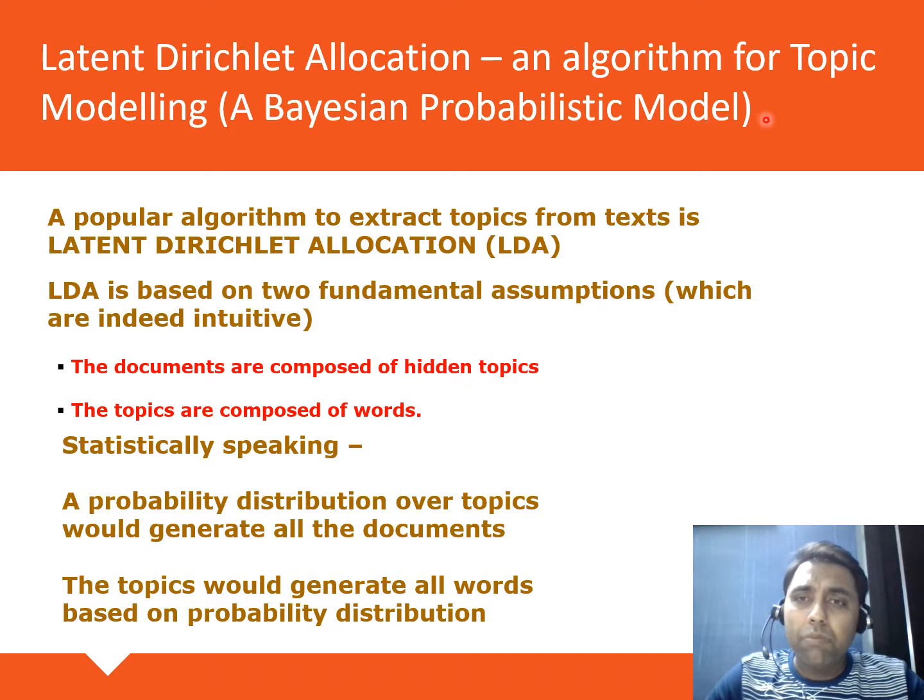Okay, but before that, let's get the theory out of the way. Latent Dirichlet allocation is basically a Bayesian probabilistic model. Don't worry about this term too much right now, because it's just for the sake of knowing.